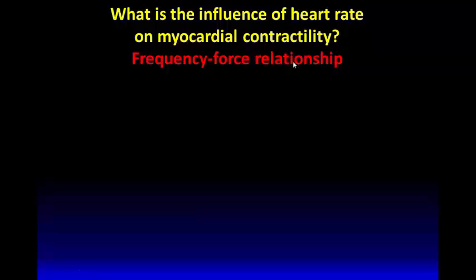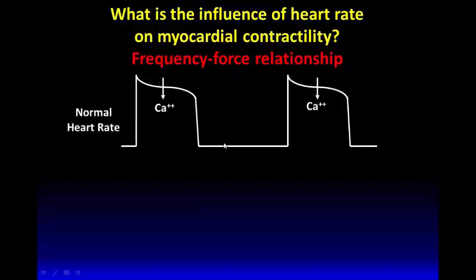One way is because the cardiac output is equivalent to the stroke volume multiplied by the heart rate, so as the heart rate increases, cardiac output increases. Another way by which the heart rate influences the cardiac output is by increasing myocardial contractility when the heart rate accelerates. So this is what we call the frequency-force relationship.